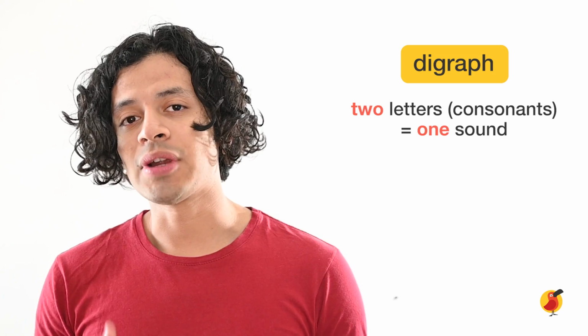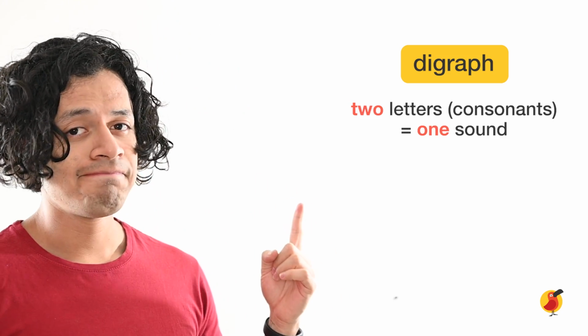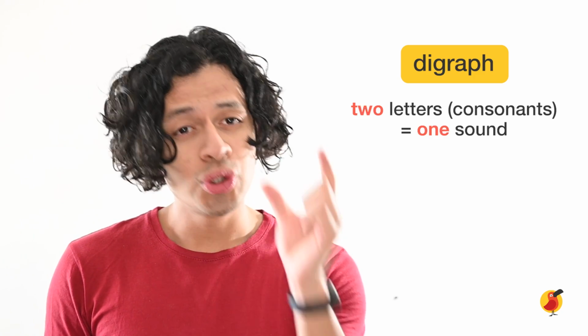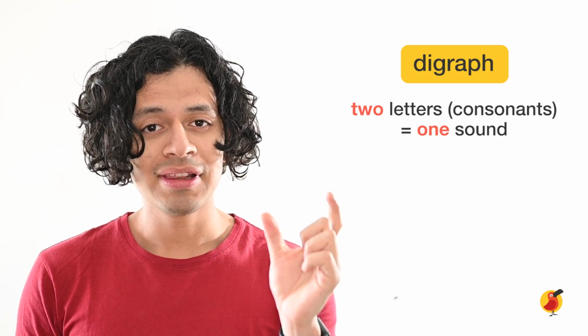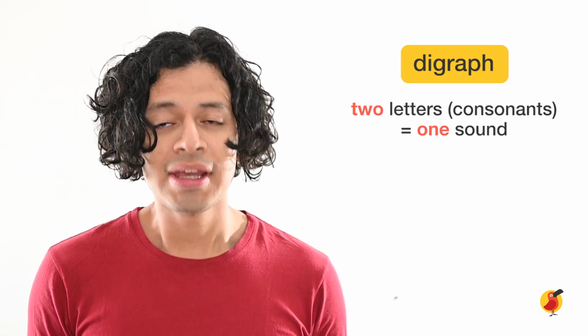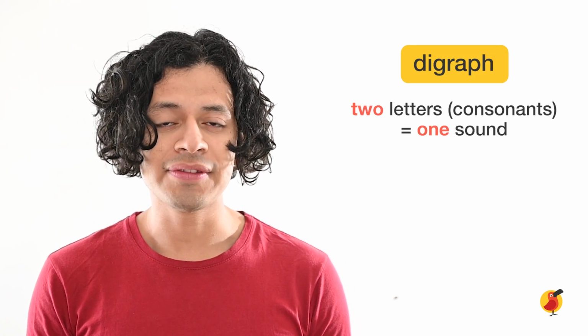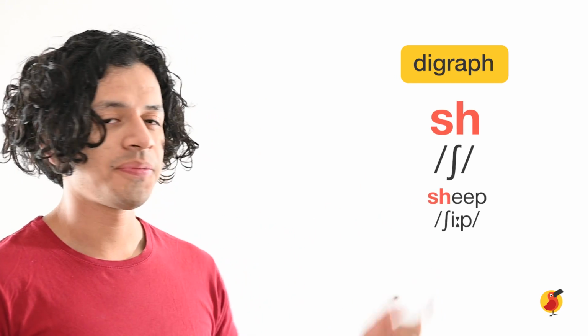In many languages around the world, one letter makes one sound. But there are other languages where two letters can work together, like English or French. Now, in many languages, we have digraphs. The most common digraph, probably that you already know, is the SH.